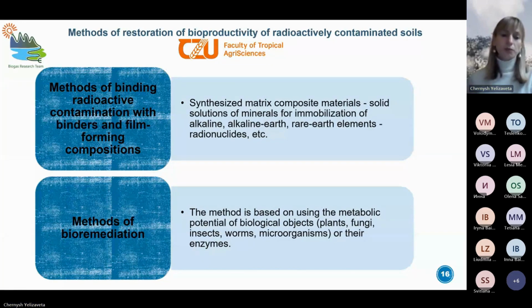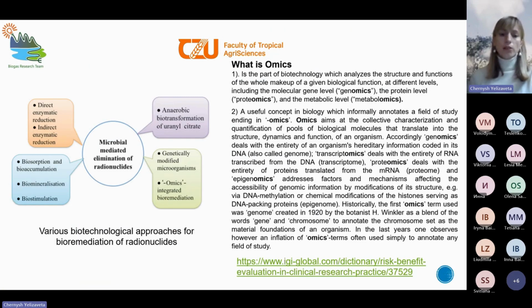Depending on the radionuclide contamination of the territory, different methods can be used in different zones.